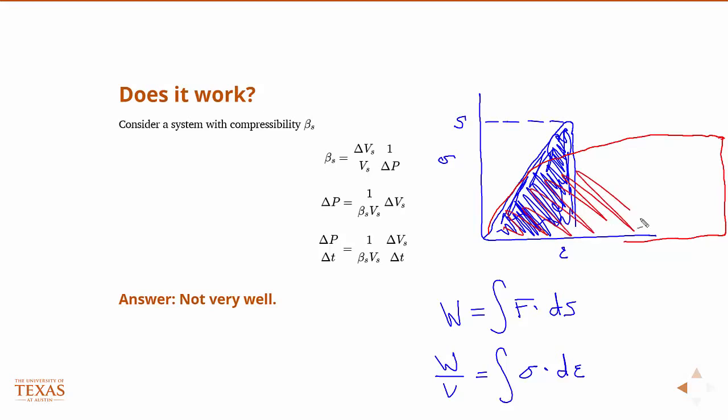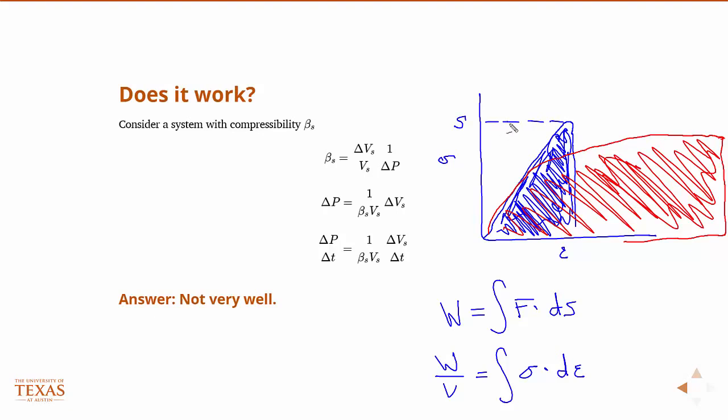Well, this area under this curve, the red, is clearly a larger area than the blue, right? So the red material is tough, but it's not as strong as the blue material because it never reached that peak. It never reached the peak, right?